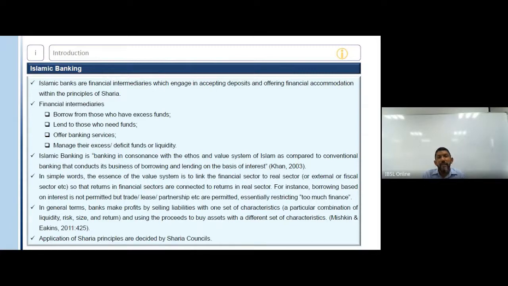So again, if somebody says Islamic banks operate like a charity, it's not correct based on our initial definition. Islamic banks are financial intermediaries that operate within the principles of Sharia.